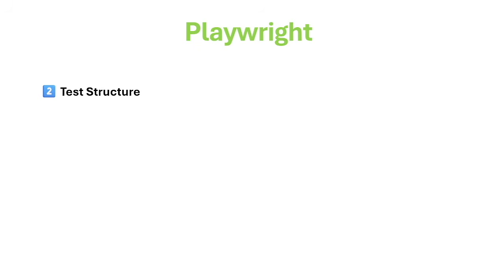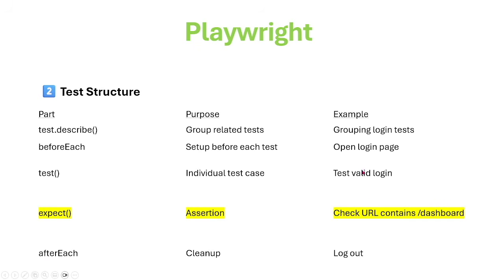From a test structure, we can see the Playwright test structure contains all of this. Assertion uses the expect function, and can validate URL, return text, and also validate web element status.